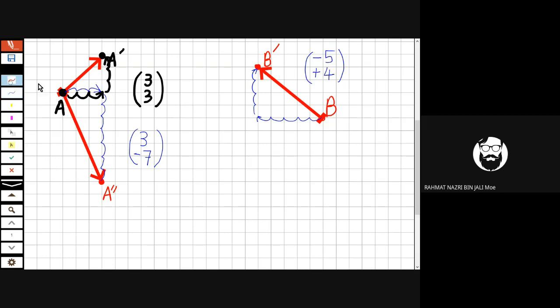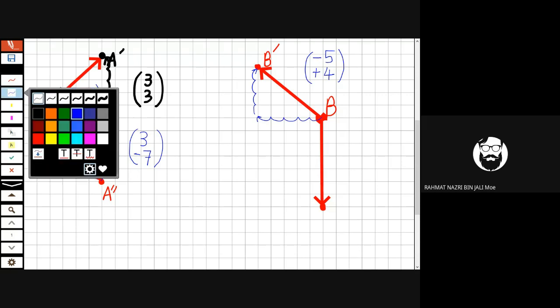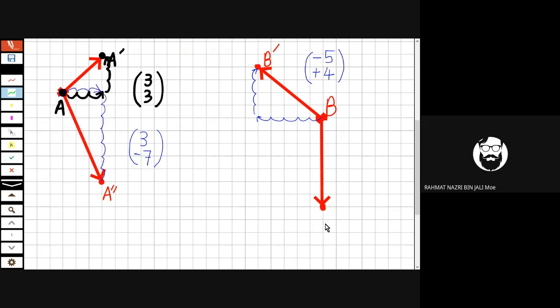Okay, kemudian kita ada satu titik di bawah B. Ini betul-betul di bawah B ya. Dia tidak bergerak ke kiri atau ke kanan. Okay, dan ambil warna hijau untuk B double prime ya.